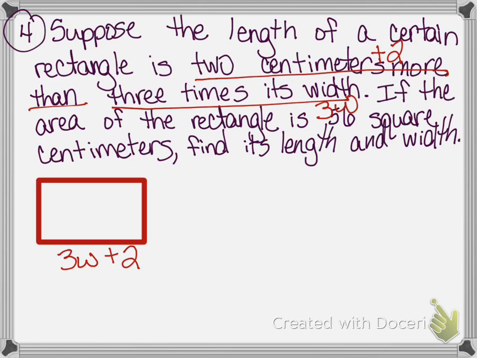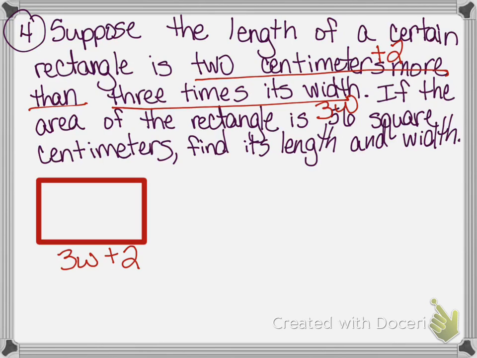Then what happens is students are like, uh-oh, I don't know what the other side is. I'm stuck. It doesn't tell me what the other side is. It does tell you what the other side is. What's the other side? Suppose the length of a certain rectangle is 2 centimeters more than 3 times its width. So 3 times its width plus 2 is my length.